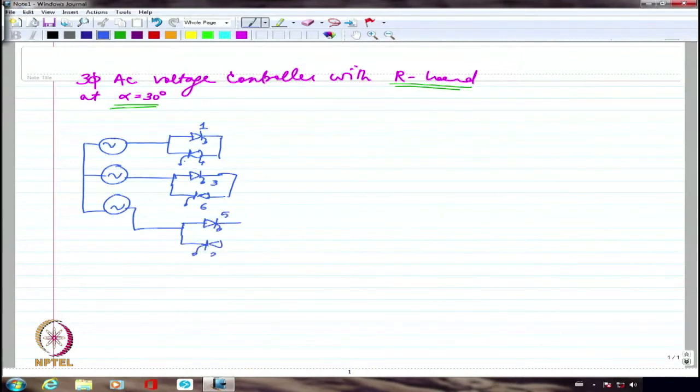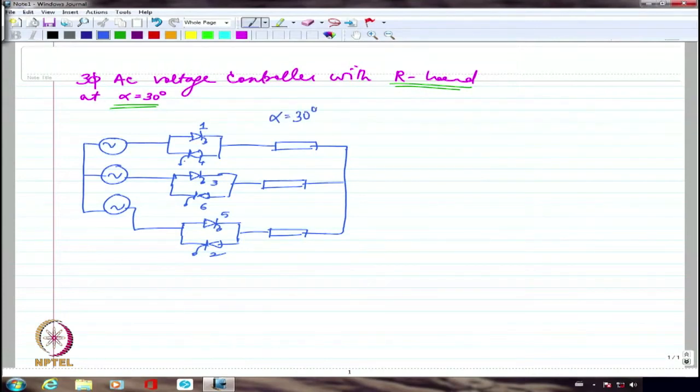And then we are connecting the load here. I have taken a star connected source and star connected load, and the AC voltage controller is just connected in between, right? So we are looking at this with alpha equal to 30 degrees.